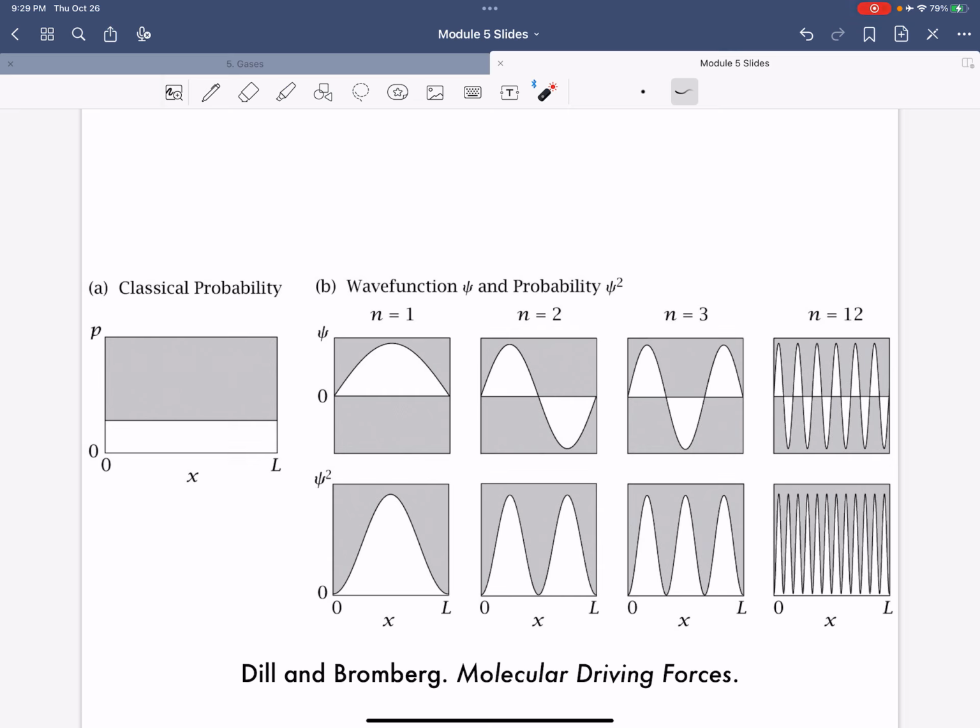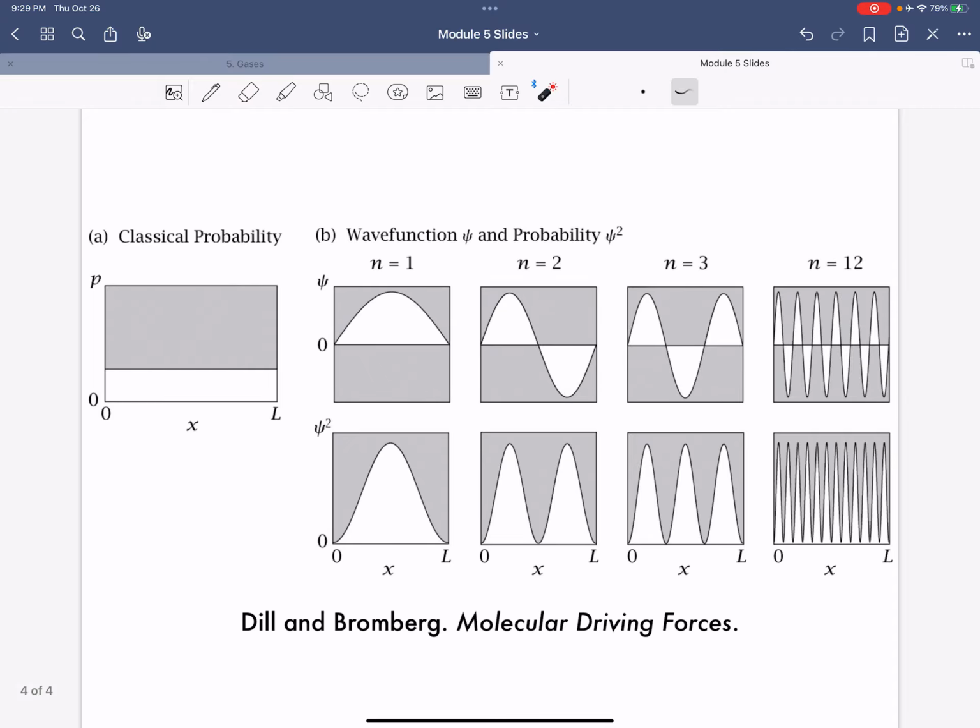But if we remember that psi squared is actually the spatial probability of the particle within the box, when n is equal to 1, what it tells us is that the probability is not equal across the box, like what's considered in the classical case, but rather the particle is most likely going to be in the middle of the box. When the quantum number is 2, then the particle is most likely going to be at a quarter or 75% of the way across the box. And as that quantum number increases, then the distribution gets split up more and more.